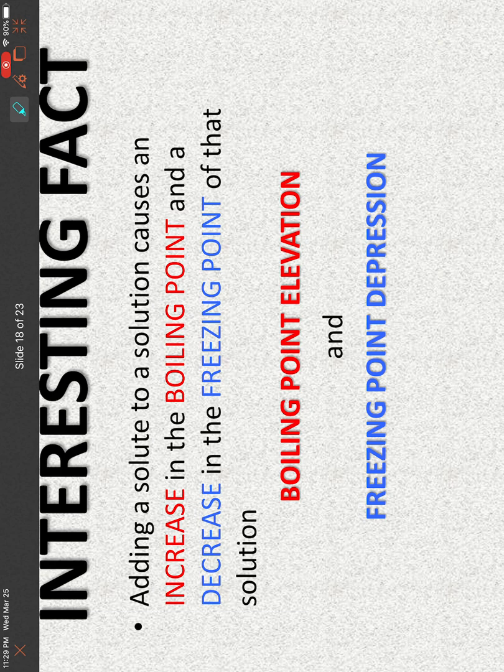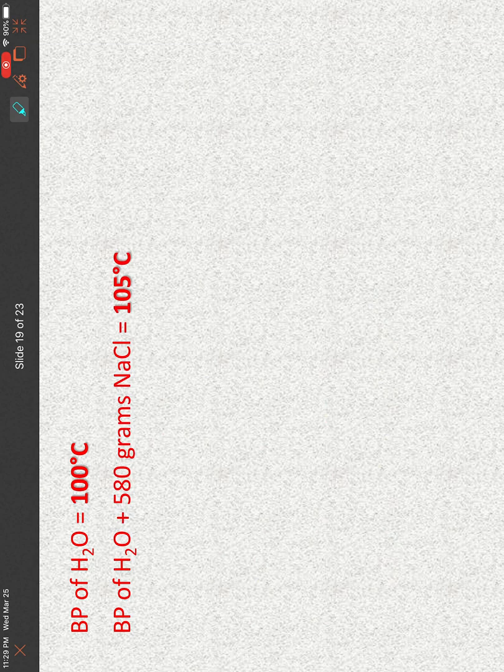Why? Because it's a solution now. So the fancy name for that in chemistry is boiling point elevation and freezing point depression. When the boiling point goes up and the freezing point goes down. Now, you've probably seen this in action in your own homes or just outside your home.